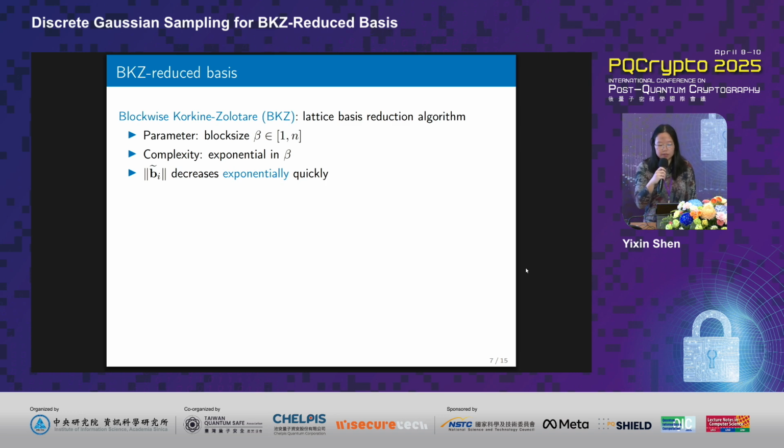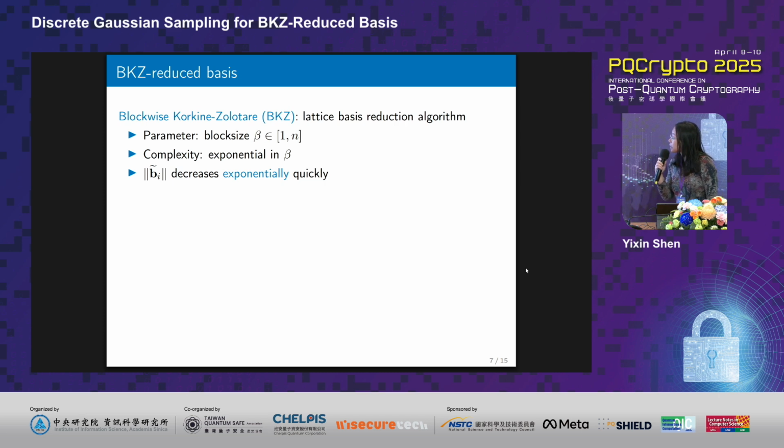What we do is we try to iteratively solve the shortest vector problem in some sublattice of size beta, and then we update the basis iteratively. In the end, we get a better reduced basis. The complexity is exponential in beta.